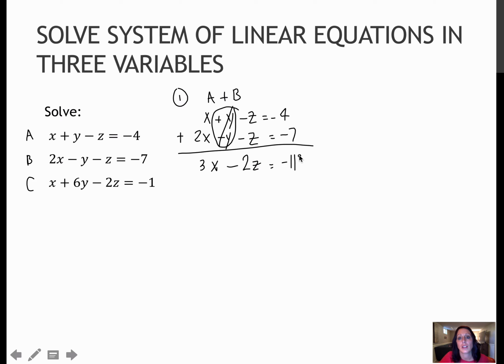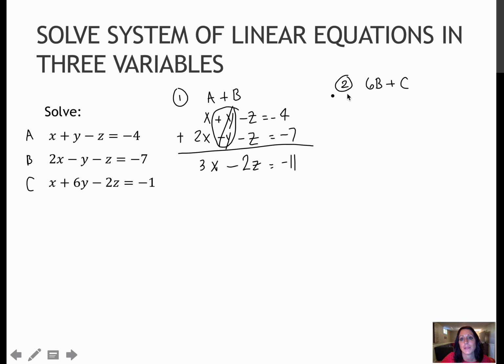Now here's the trick. When I do this again, I have to choose the same variable. On the last one, I eliminated y, which means when I'm using C, I have to also eliminate y. So I'm going to choose to take 6B plus C. Why did I choose 6B? Because C is a positive 6y, and B is a negative y.